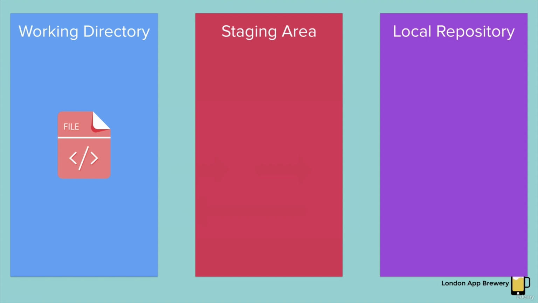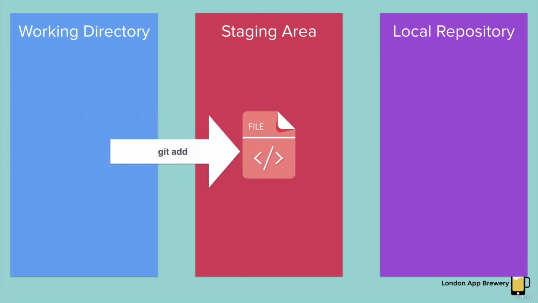And from now on, Git is going to try and track the changes that it sees between the working directory and the local repository. In the beginning, we created a file inside our working directory, inside story, and then we used git add to push it to the staging area.